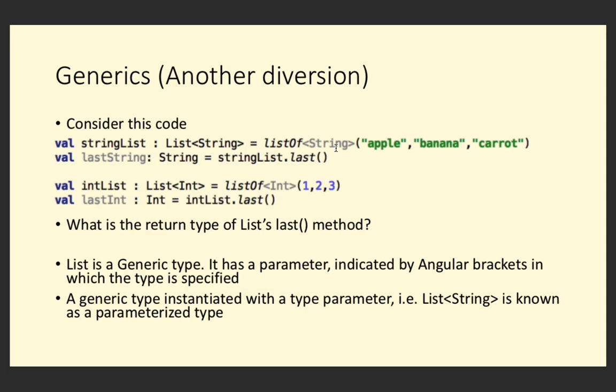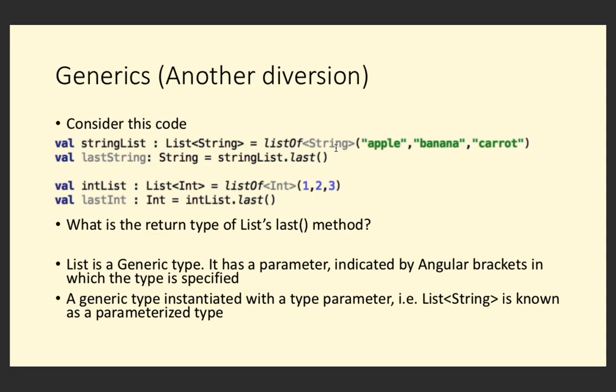We might return a string, or a method might return an integer. But here, last is returning a string, but there, last is returning an integer. So what is the return type? Or are there just lots of different last methods for all different data types? Or is something else happening?